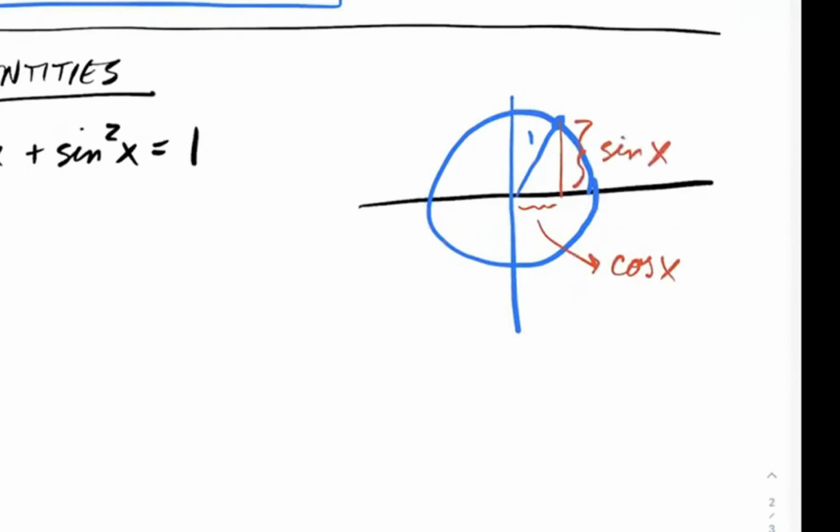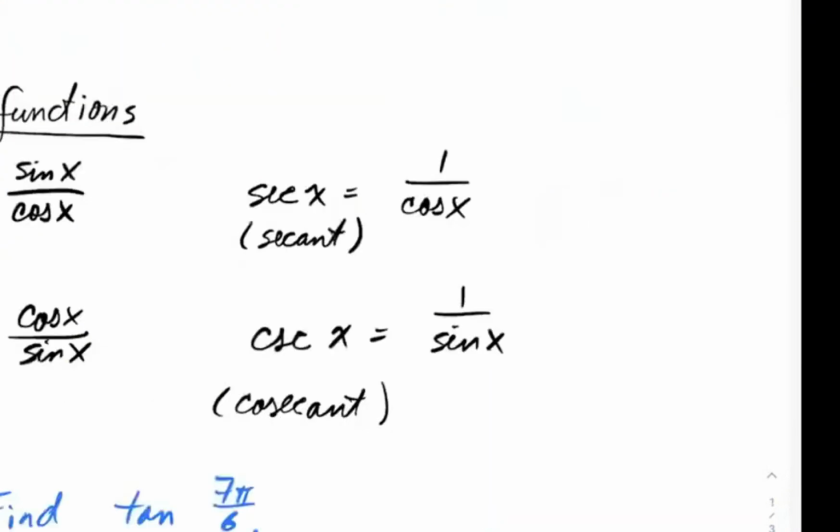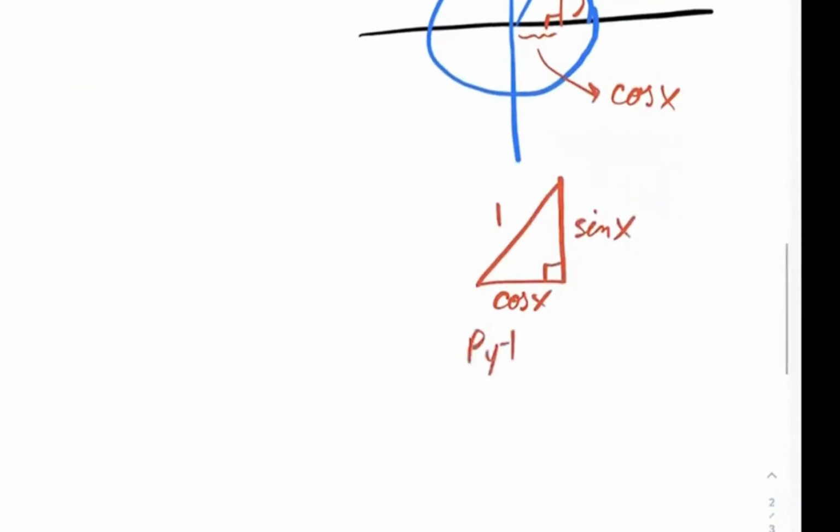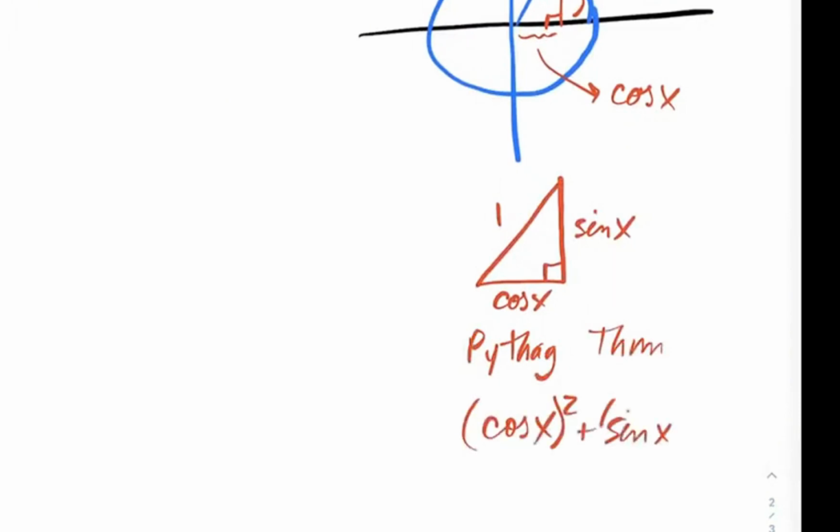Using the Pythagorean theorem, I have a right triangle where this is cosine x, this is sine x, and this is 1. And so by the Pythagorean theorem, we have cosine x squared plus sine x squared equals 1 squared.